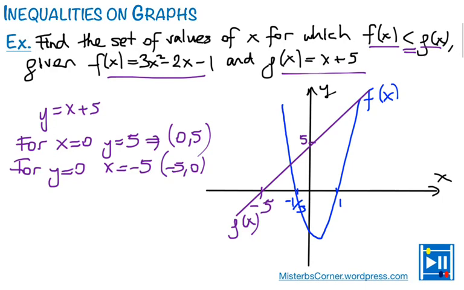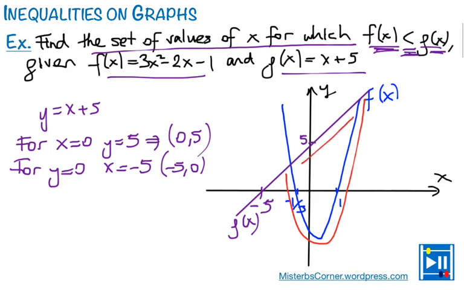Now the question says find the set of values of x for which f of x is less than g of x. When you look at the graph, you can see that in this region the function f is below the function g.